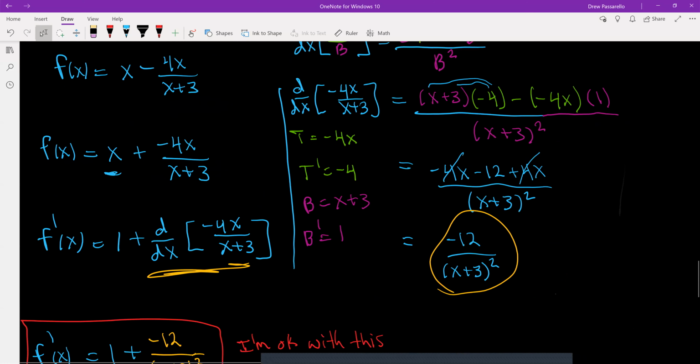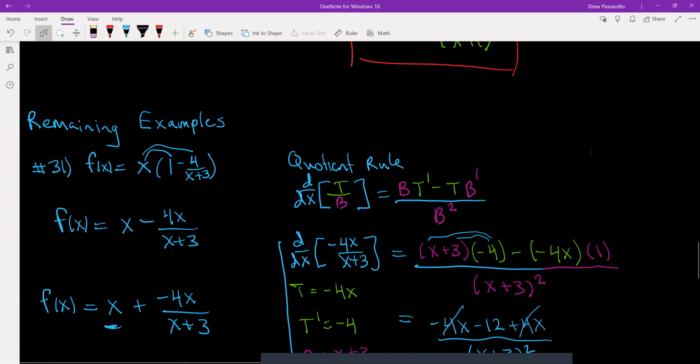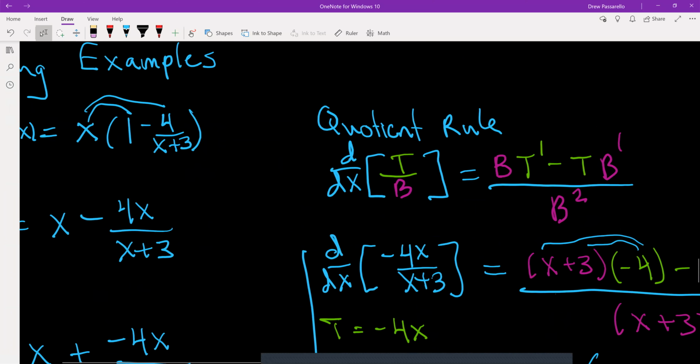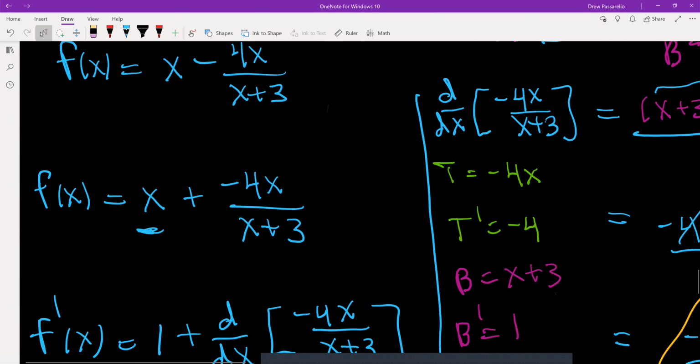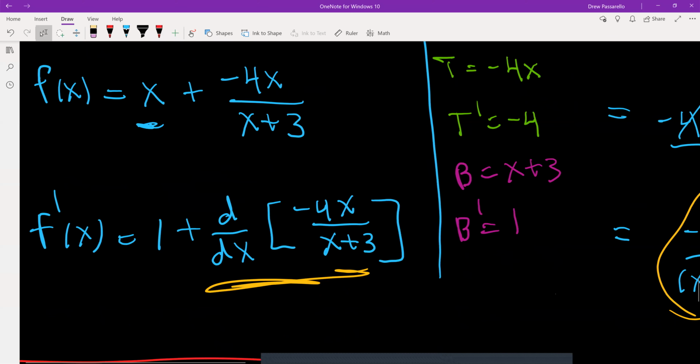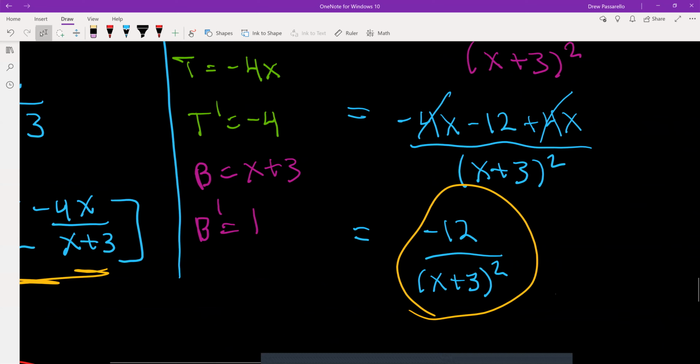All right, so for this problem, when I took its derivative, first thing I did was I distributed x, and then after I did that, I took the derivative, and the derivative of x is 1, and then I focused on taking the derivative of the negative 4x over x plus 3 piece, and that's what I did over here.